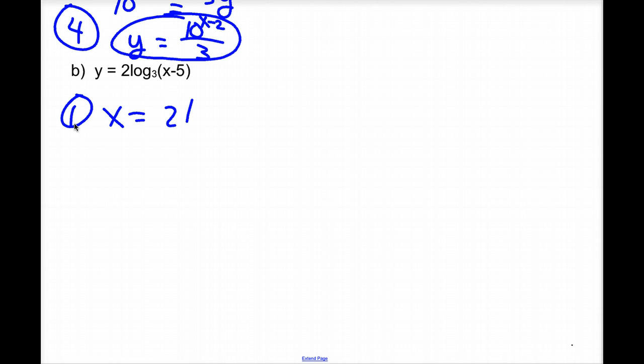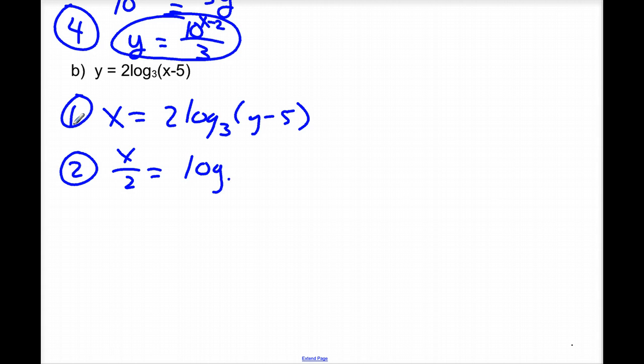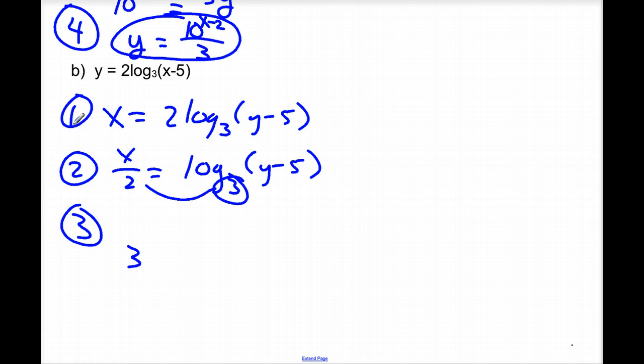Switch x and y. Isolate the log. What's not part of the log on this one is the 2. So I'm going to divide over the 2. Now I'm going to rewrite it. My base is 3. Go get the roof.